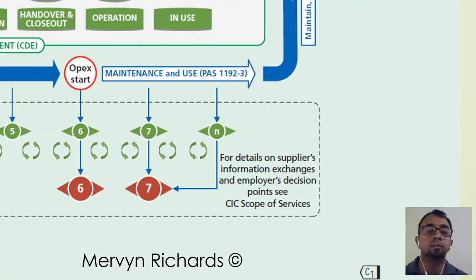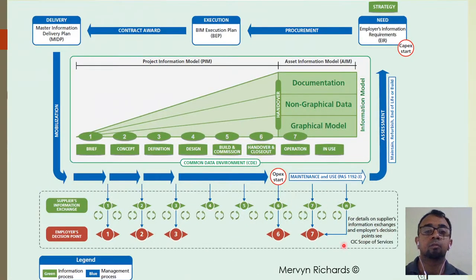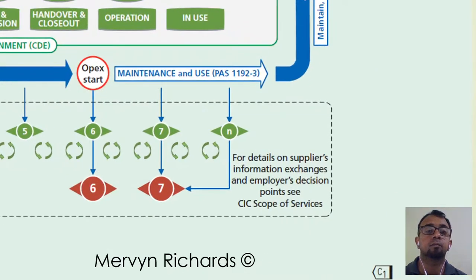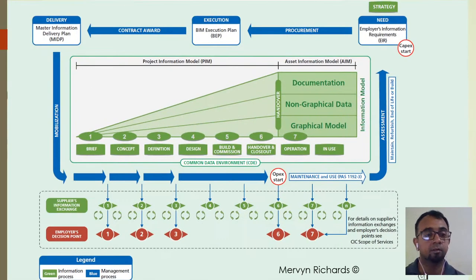Here the reference is given. For details, you are recommended to refer to the CIC scope of services, which defines what sort of services are to be provided by the project team members in terms of project delivery.